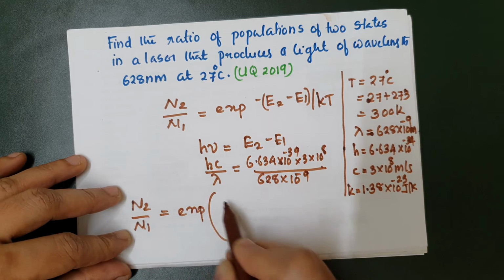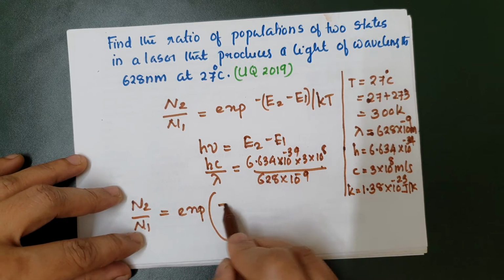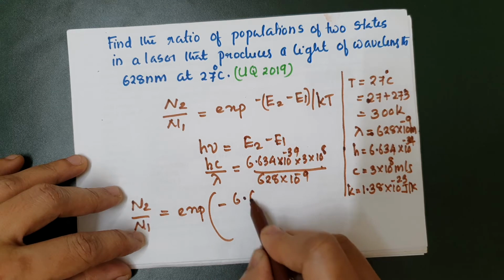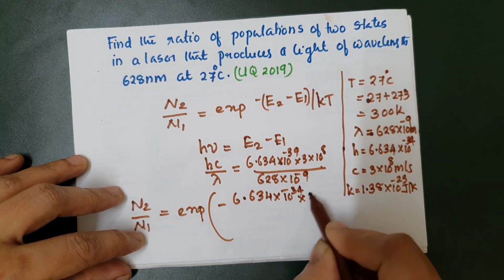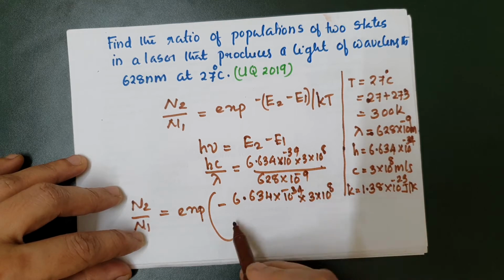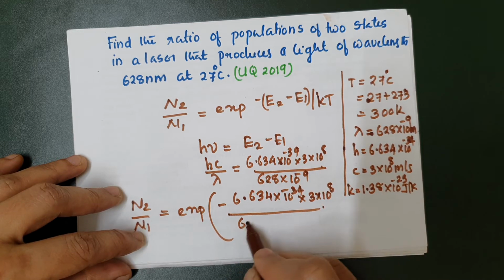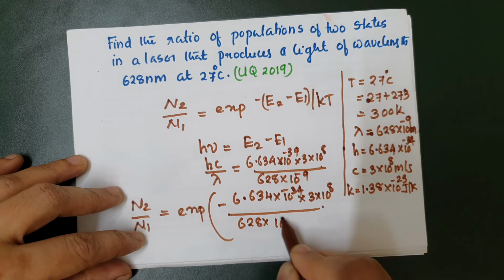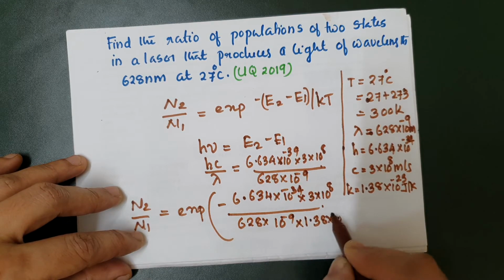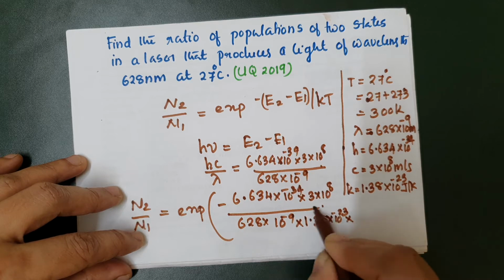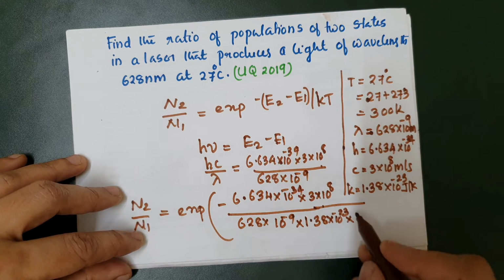So substituting these values, we get N2 by N1 is equal to exponential minus 6.634 into 10 raised to minus 34 into 3 into 10 raised to 8 divided by 628 into 10 raised to minus 9 into k, 1.38 into 10 raised to minus 23, into 300.